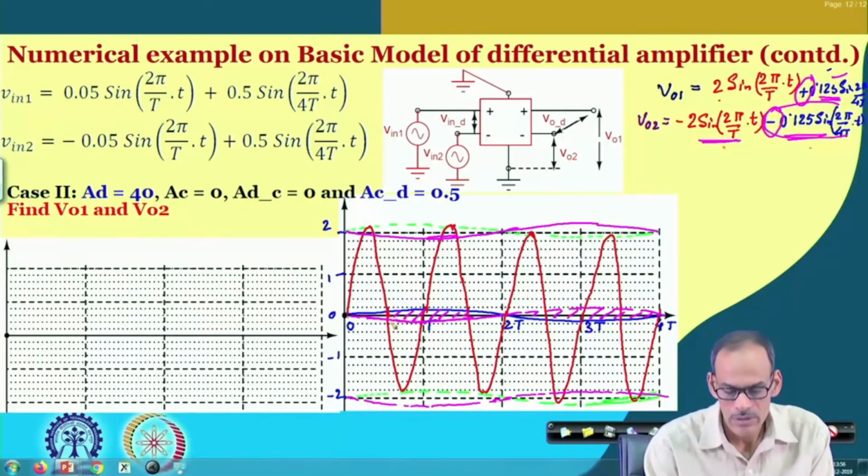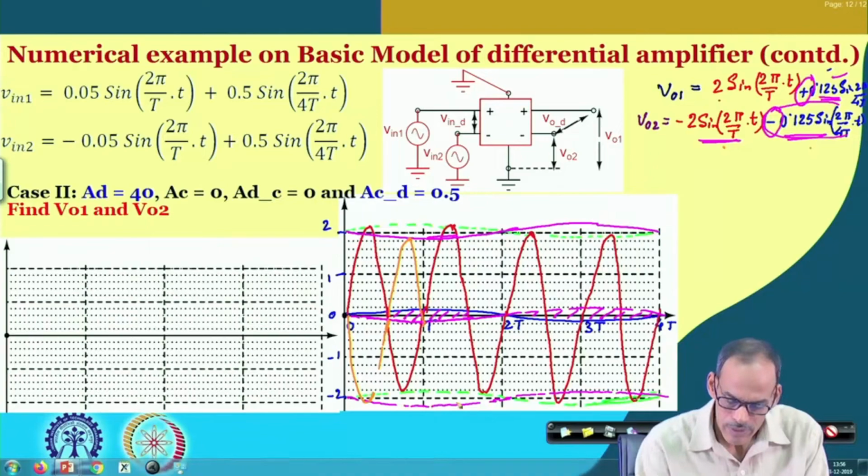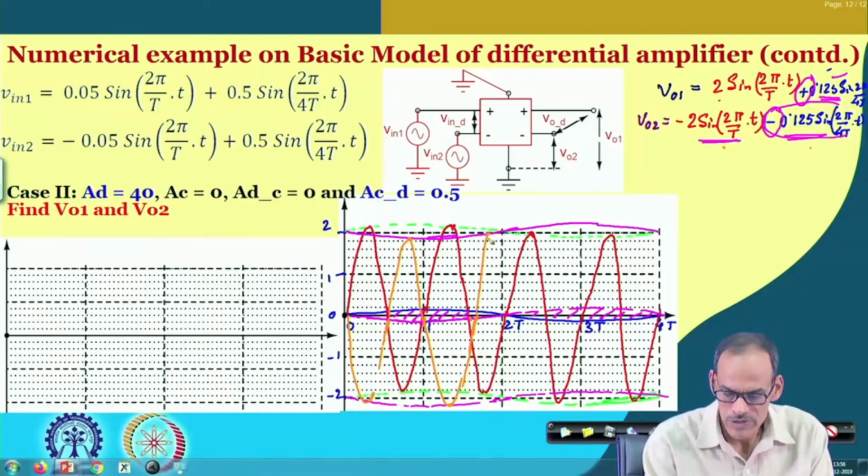So we are expecting VO2 to go down like this, then go here, then here, then go to the pink one. Sorry, this got exaggerated.